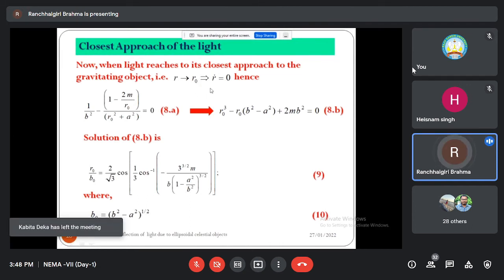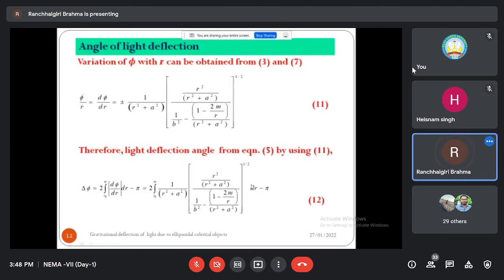Since r naught is constant, r dot equals 0. From that we obtain the relation between the impact parameter and r naught, represented by equation 8a. After simplification, we obtain the cubic equation 8, and the solution of 8b can be shown as equation 9.